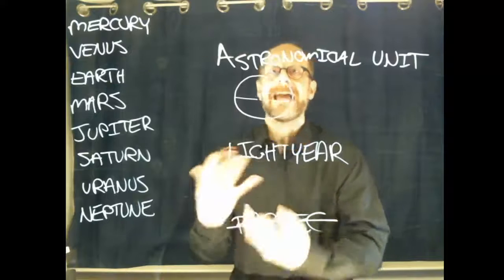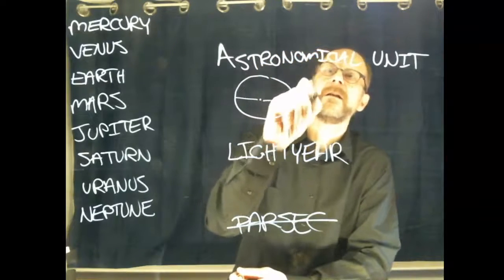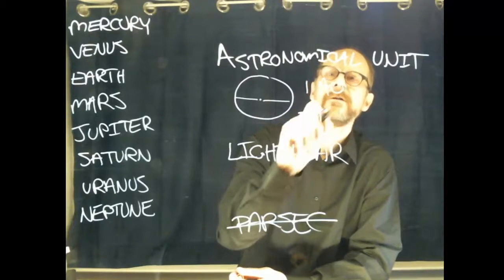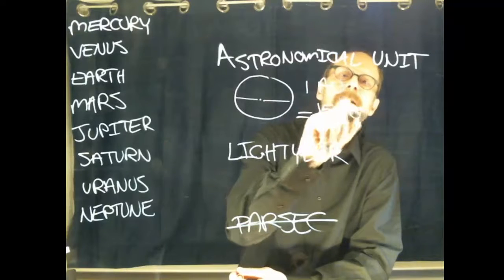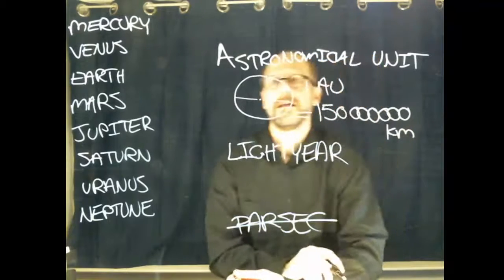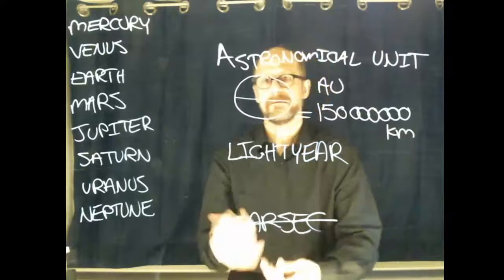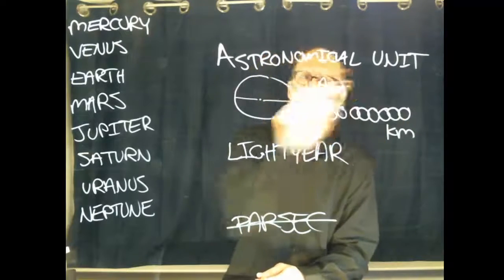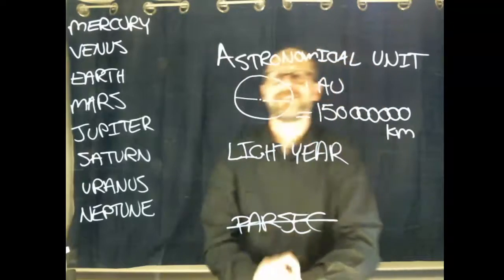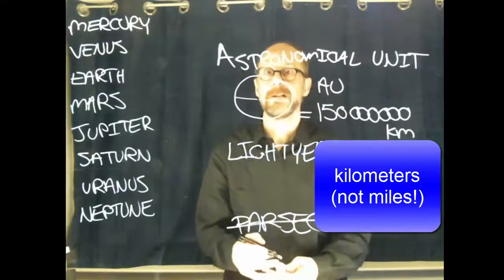But if we take the average distance, that is 1 astronomical unit, and it turns out that that is 150 million kilometers, the average distance from the Earth to the Sun as it orbits. And this is a rounded number, of course. These aren't all exactly zeros, but rounded to the nearest million miles, it's 150 million miles.